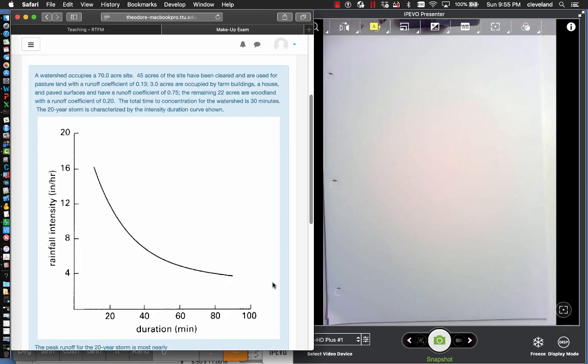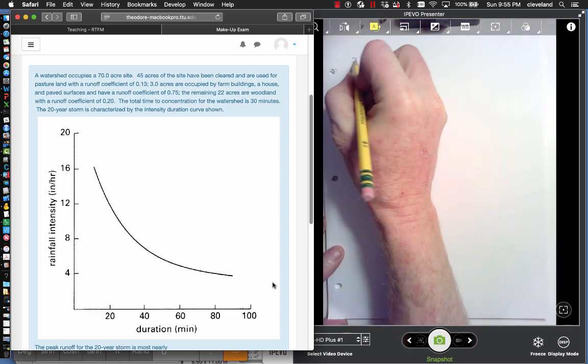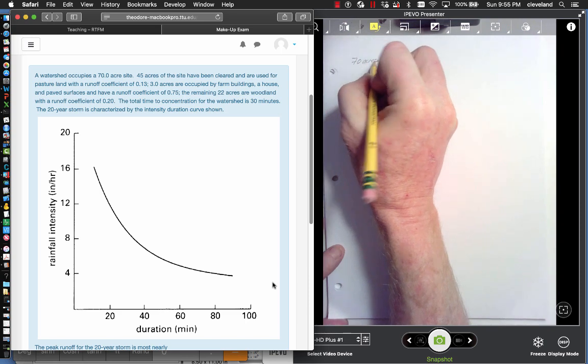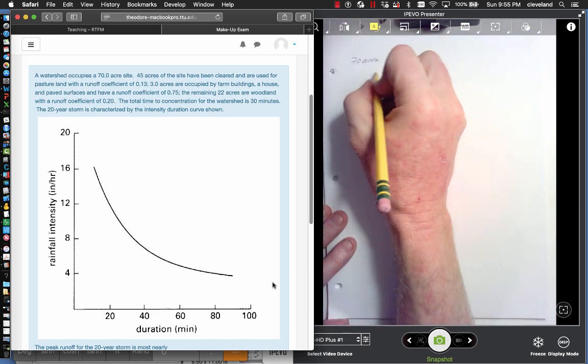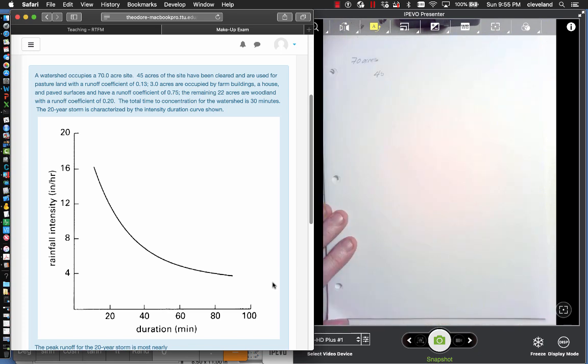Okay, our next problem. A watershed occupies a 70-acre site. So we have 70 acres. Of those, 45 acres of the site have been cleared and are used for pasture land with a runoff coefficient of 0.13. 3 acres are occupied by farm buildings, a house, and paved surfaces and have a runoff coefficient of 0.75.